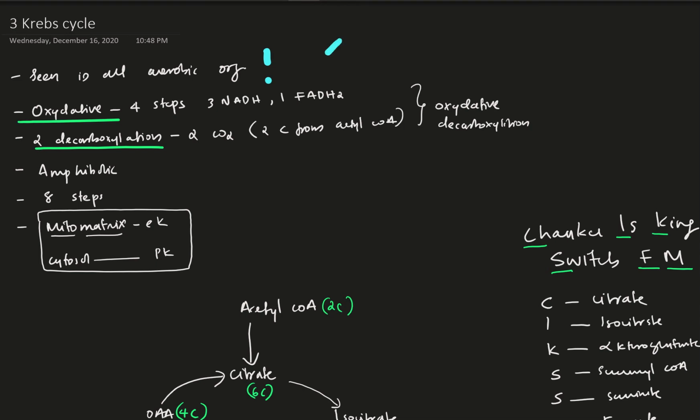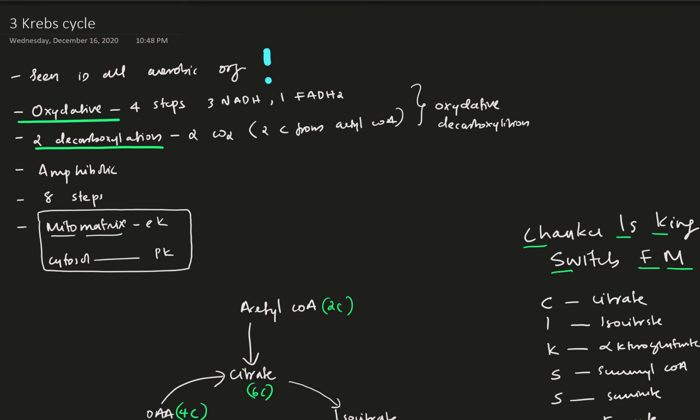So this is seen in all aerobic organisms, and it is an oxidative decarboxylation. The link reaction is also an oxidative decarboxylation because we have oxidation in four steps where NADH and FADH2 are produced, and decarboxylation in two steps where carbon dioxide is produced.